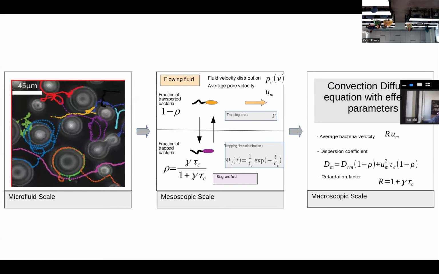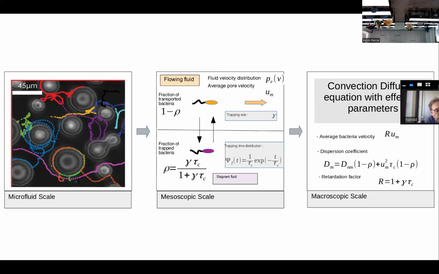So we try to upscale our observations from microfluidic scale to mesoscopic scale and macroscopic scale, and we use a CTRW method to bridge the different scales. And we were able to model this process by using two types of domains.